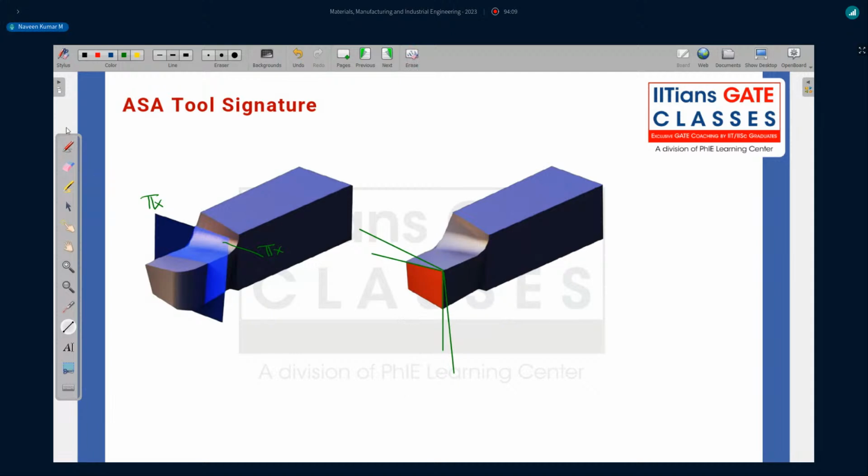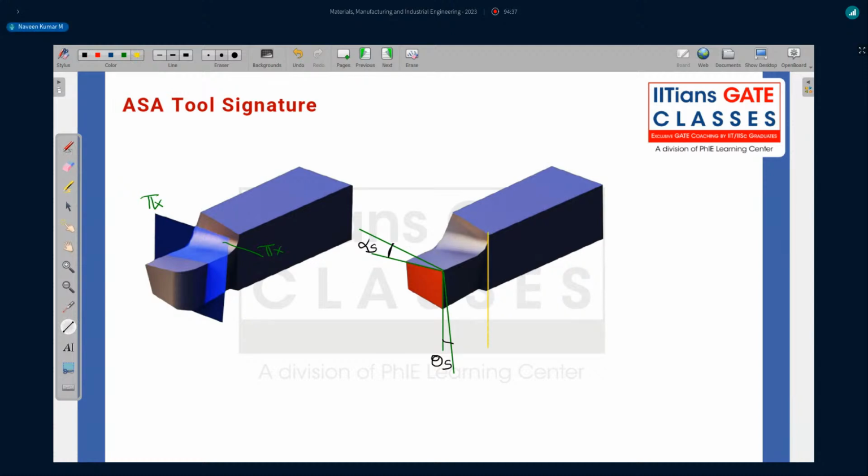Okay. So this is the angle, and this angle, sorry, this angle is side rake angle alpha s, and this angle is side relief angle theta s. This angle I can just project here if you want. I'll just take it here, here, same thing.